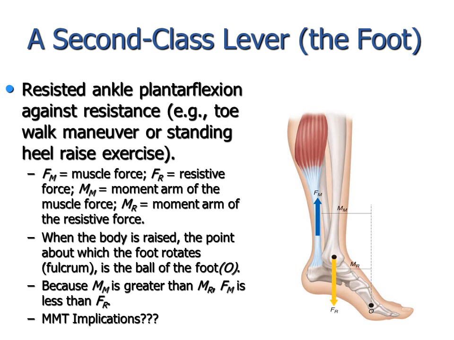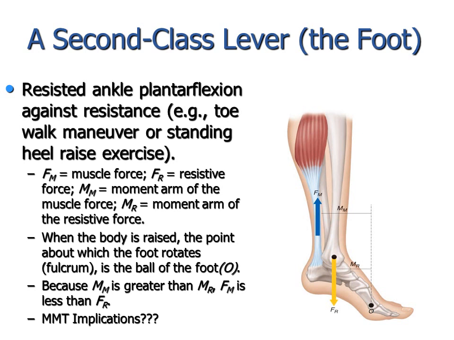So with resisted ankle plantar flexion, the point about which the body rotates is at the ball of the foot. The applied muscle force is posterior at the calcaneus bone, whereas the resistive force, meaning the weight of the body coming down on the foot, is applied down through the center of the ankle joint at the base of the tibia and fibula bones.